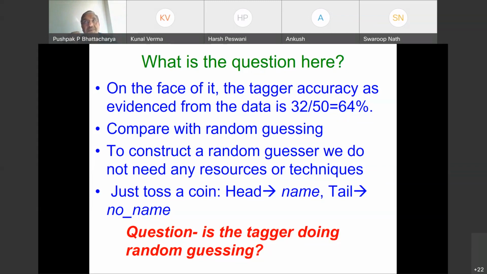So there is gold standard data, and you have found that 32 are correct, and therefore 64% is my accuracy. Now, how does it pitch against the random guesser algorithm is your question, right?